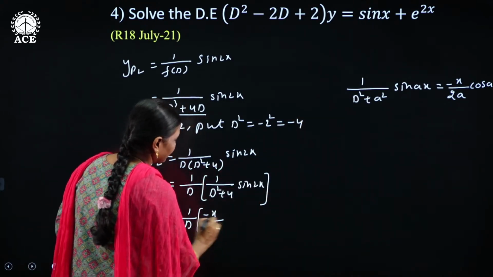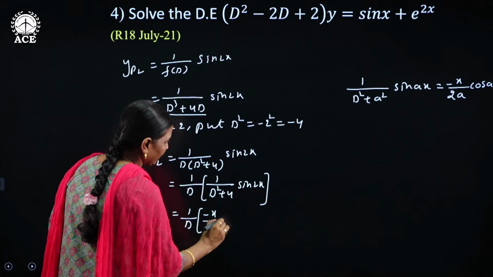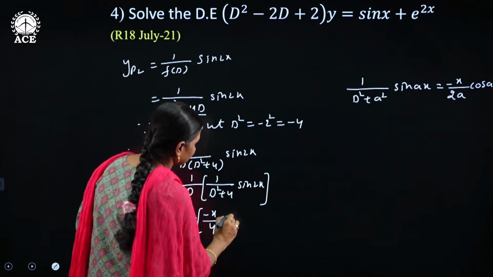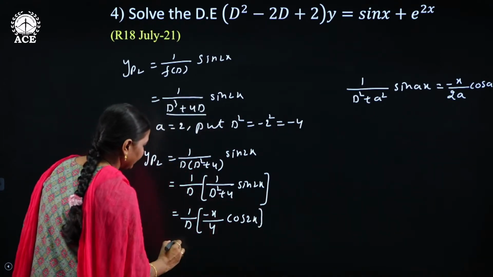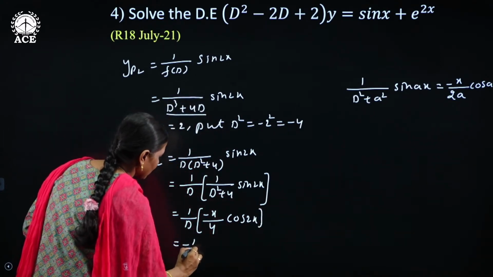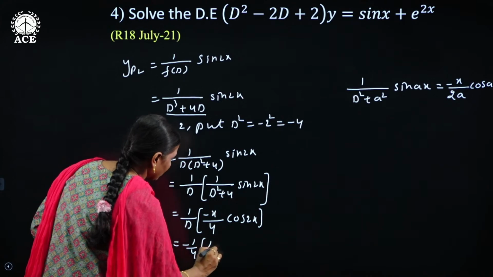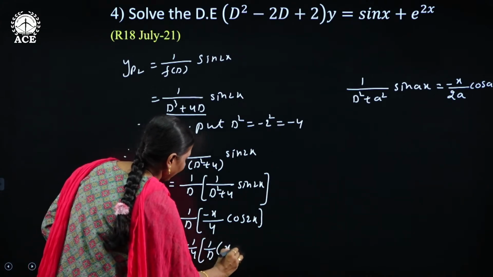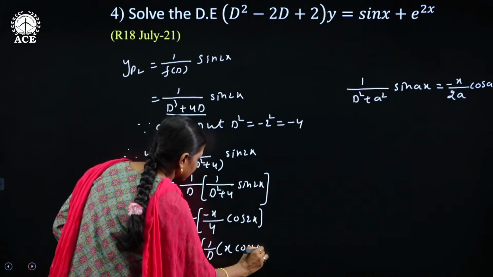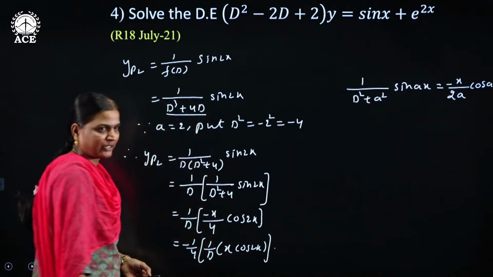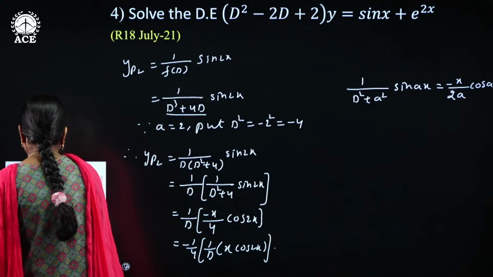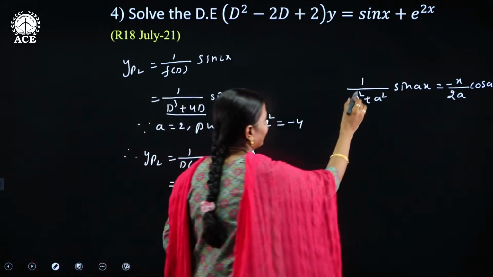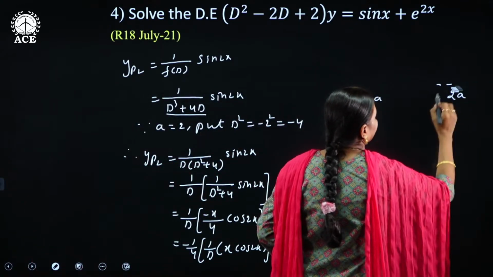Minus x by 2a, 2 into 2, 4 into cos 2x. Again rewrite this one, which is equal to minus 1 by 4 into 1 by d into x into cos 2x. When d is the differential operator, what is 1 by d? 1 by d is integration.